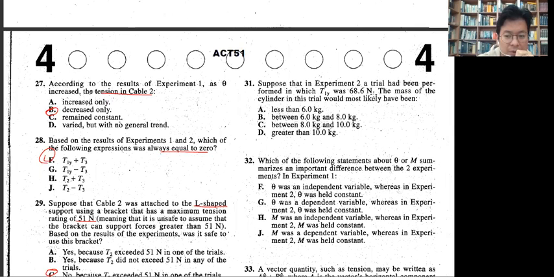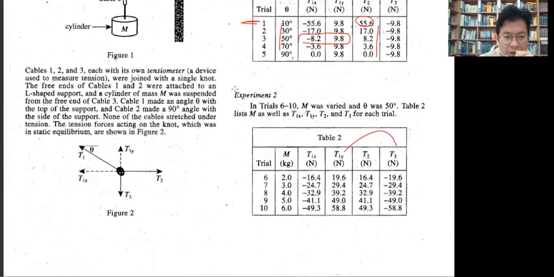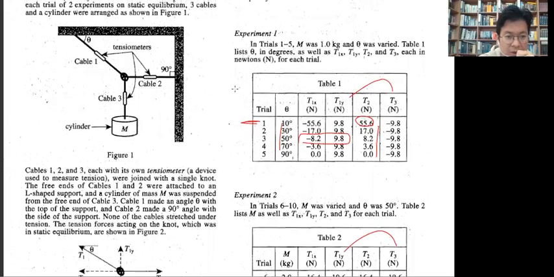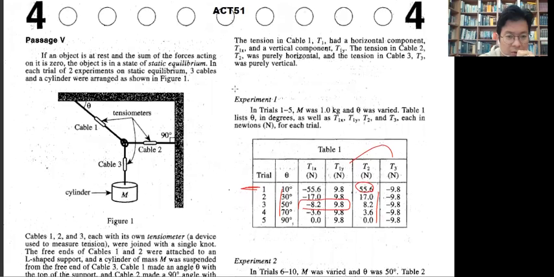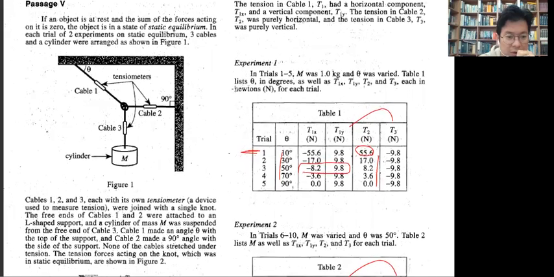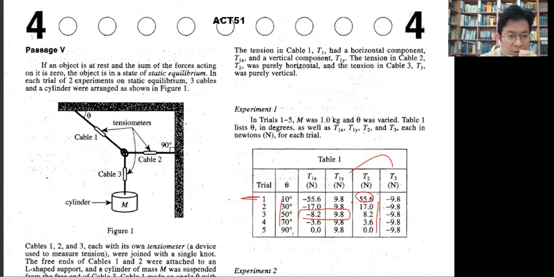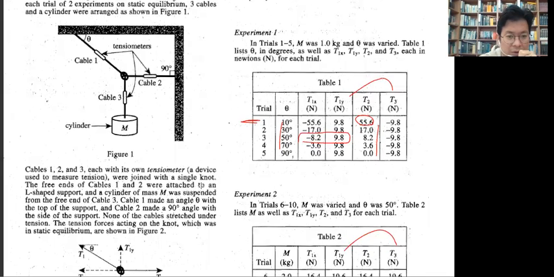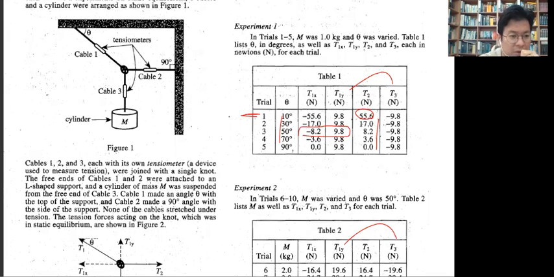Suppose that in experiment 2 a trial had been performed in which T1y was 68.6. The mass of the cylinder in the trial would most likely have been, okay, mass of the cylinder. We should think about the mass itself.